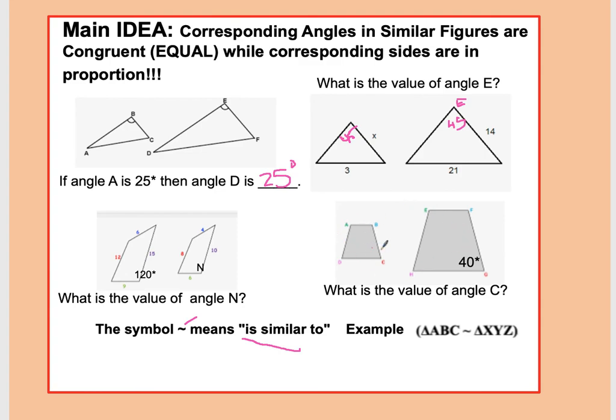So this one, for example, we would say quadrilateral ABCD is similar to quadrilateral EFGH. When you want your reader to know that two shapes are similar, you would use that symbol.